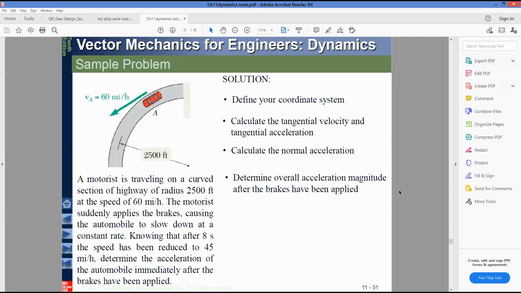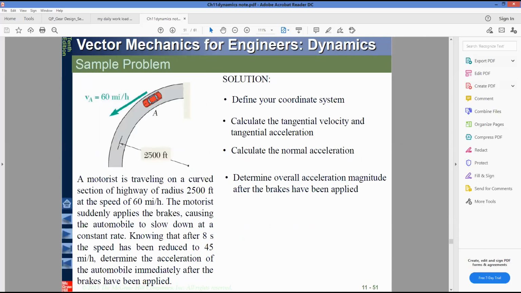Now one problem we can solve. Here in this problem you can see a car which travels and goes in this direction.